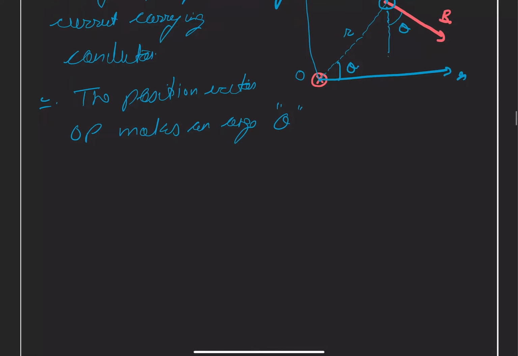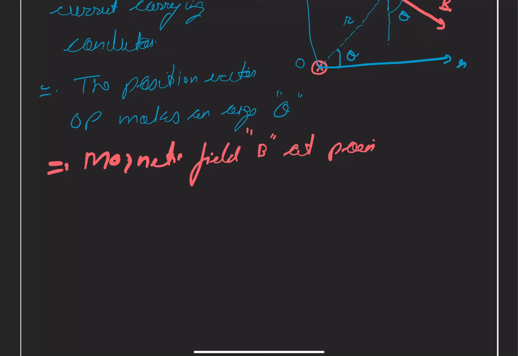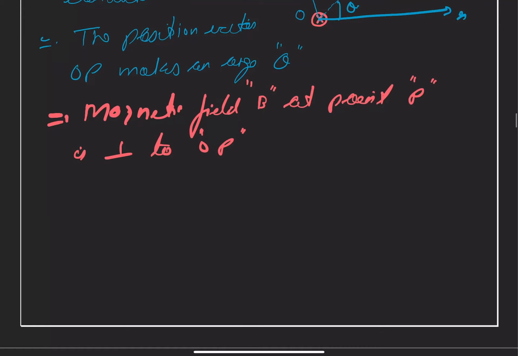Therefore our magnetic field B at point P is perpendicular to OP, and we also know that magnetic field at any distance r is given as mu naught I upon 2 pi r.